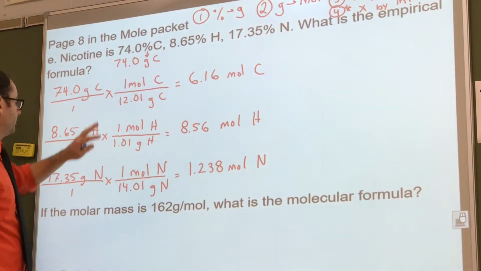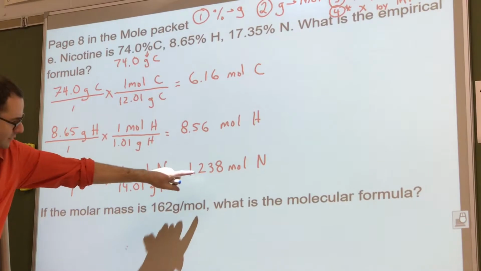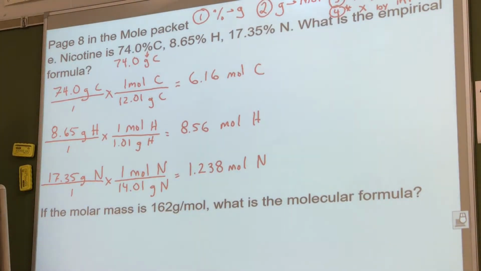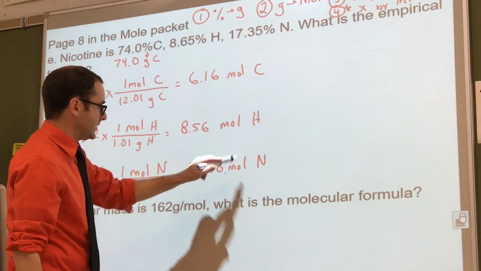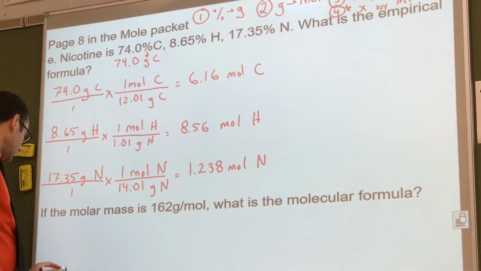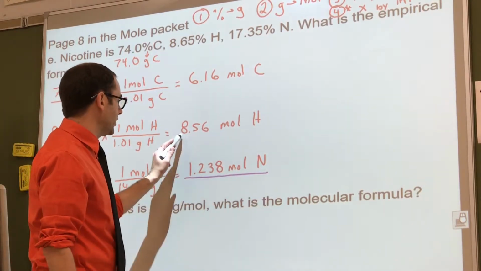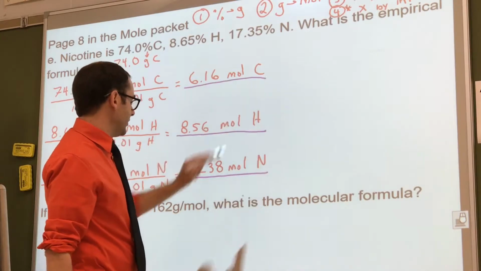There's 4 sig figs for some reason with this last one, so that's why I left it with 4 sig figs. The next step is number 3, so we're going to divide by the smallest number, which is going to be this one right here, the nitrogen. You can just draw lines and then write the numbers.